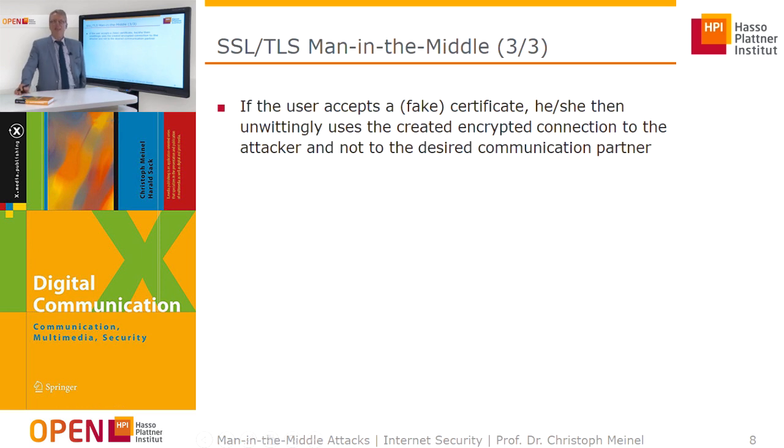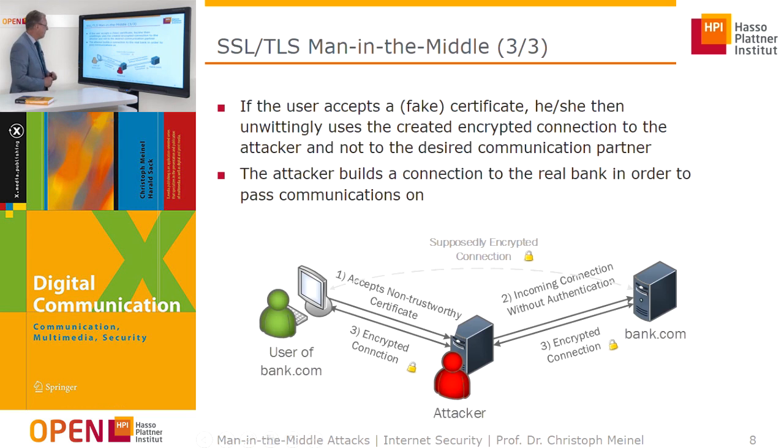If the user accepts such a fake certificate, he or she unwittingly uses the created encrypted connection to the attacker and not to the desired communication partner. In our case, there is no encrypted connection to the bank. As a consequence of accepting this fake certificate, there is an encrypted connection to the attacker.